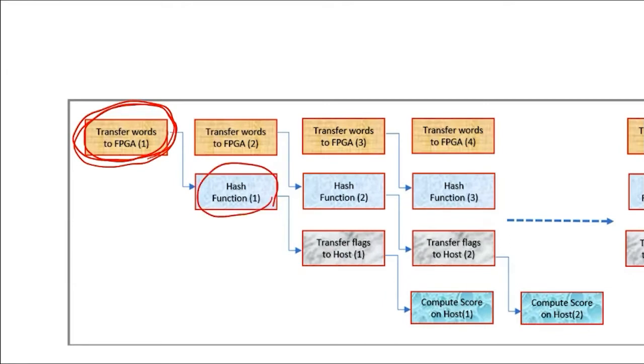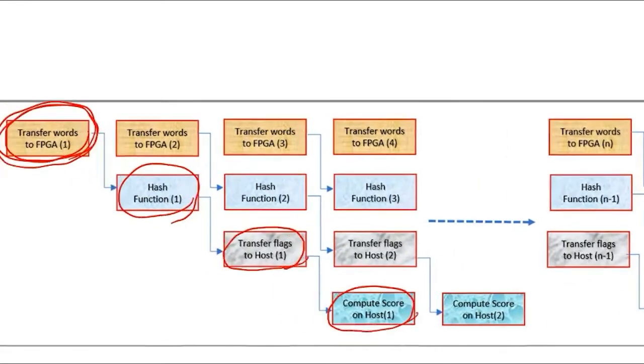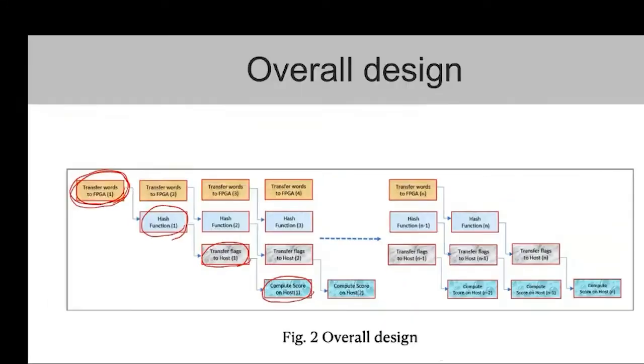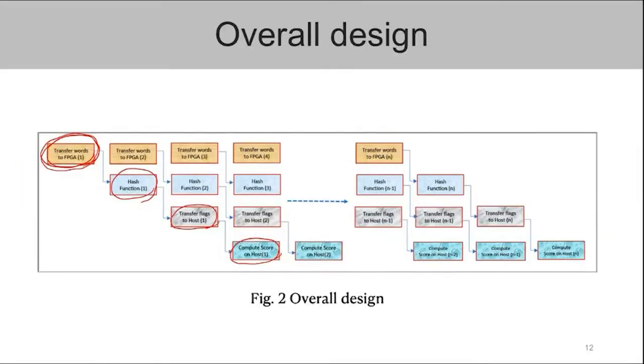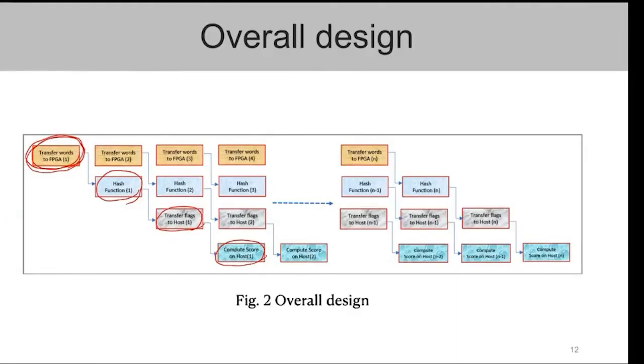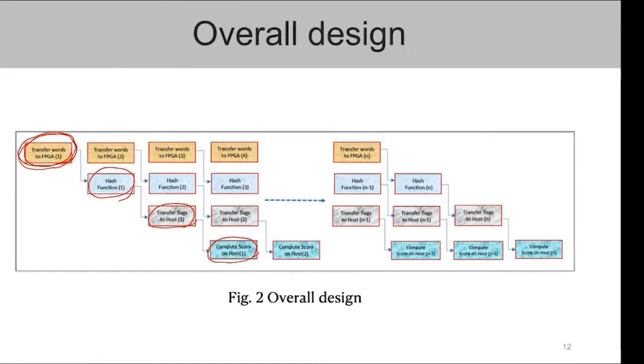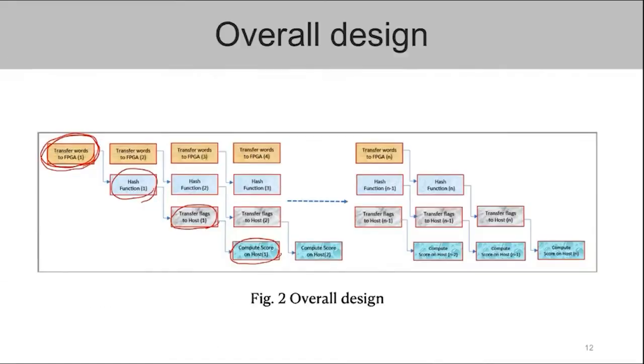And then we send the array back to the host, and the host will do the summation of the score here. So the overall execution will be like this graph. Okay? So far, so good.